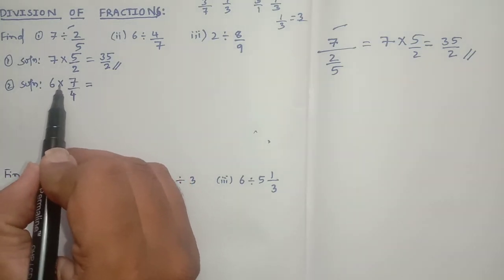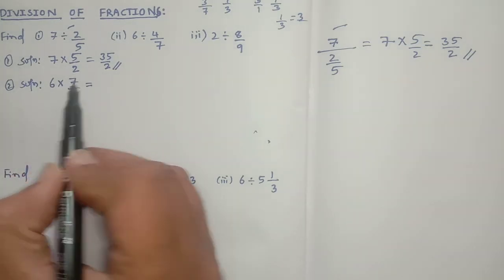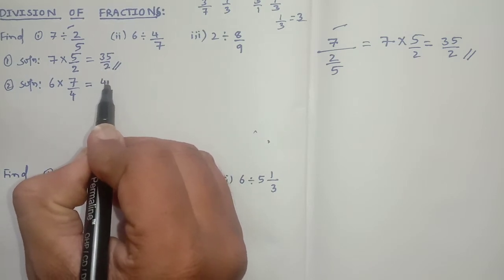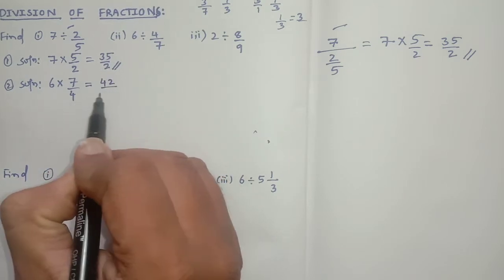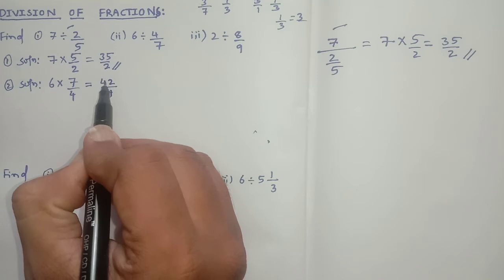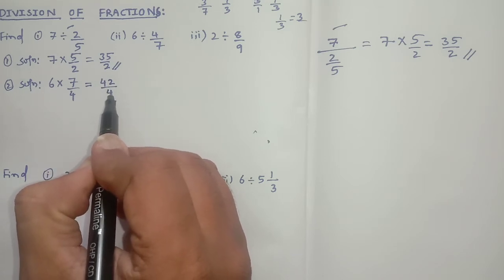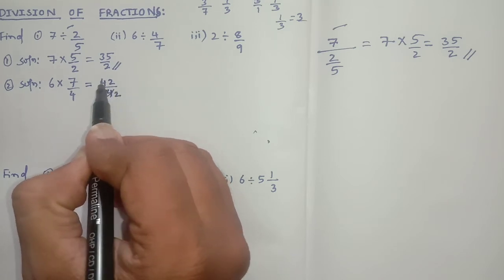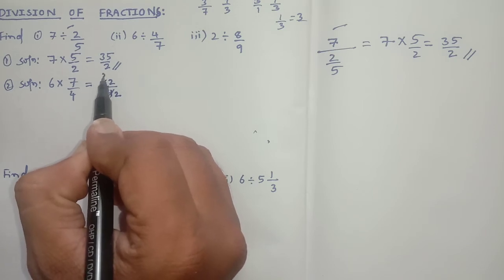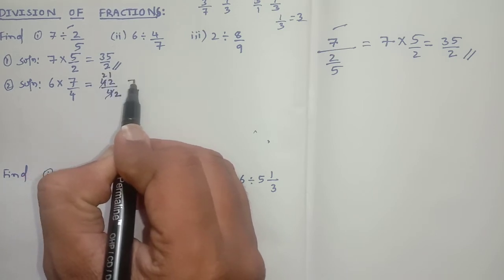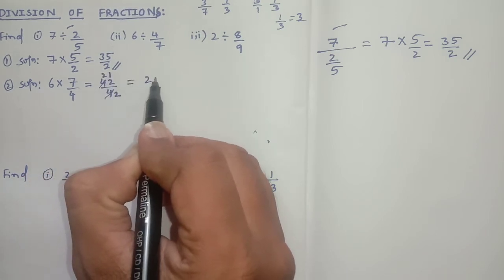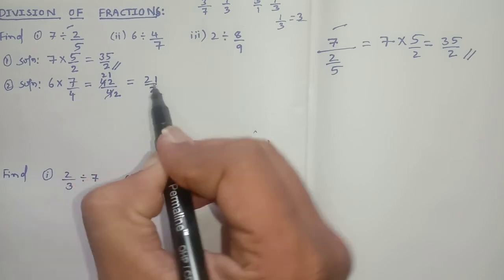Now 6 into 7, 6 7s are 42, student, divided by 4. I can divide 42 and 4 by 2. 2 2s are 4, here also 2 2s are 4, 2 21s are 42. Answer will be 21 divided by 2.